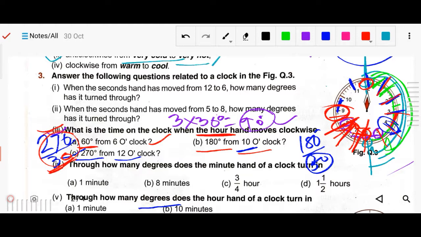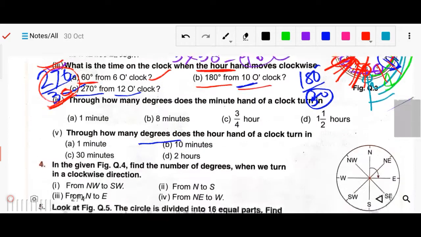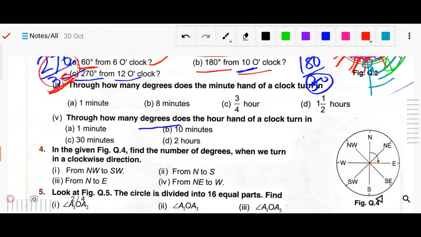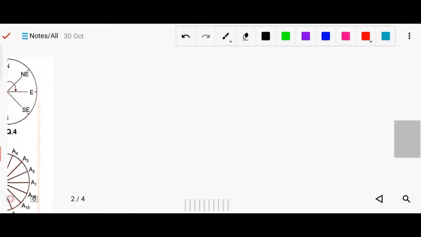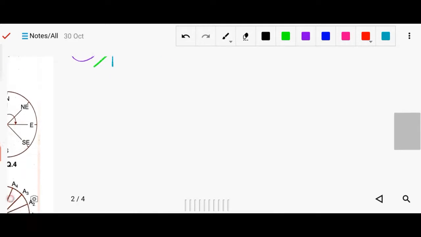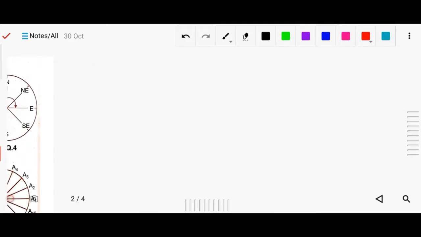Before solving question number 4 and 5, you should know this formula, and please write it down in your copy. It is very important. First, in a clock how many gaps are there? 12 gaps.